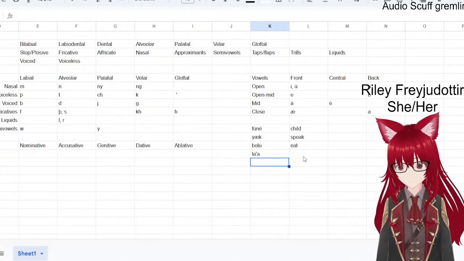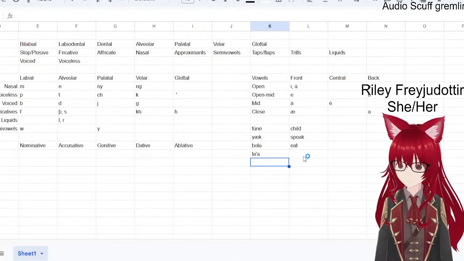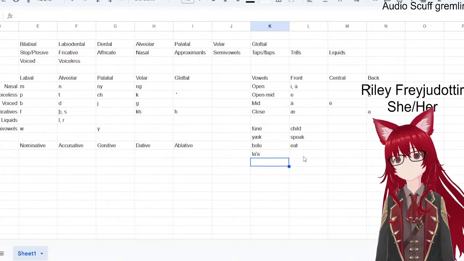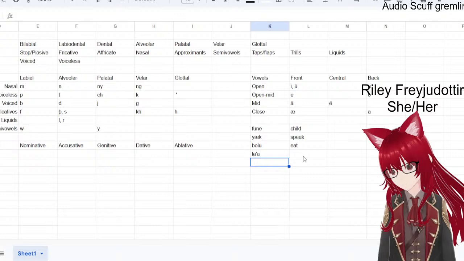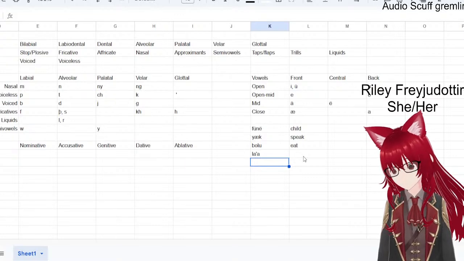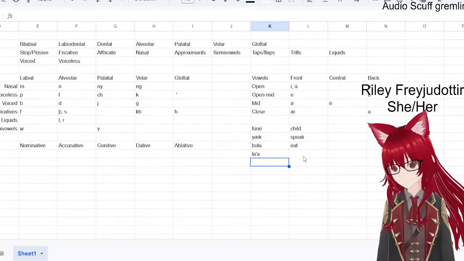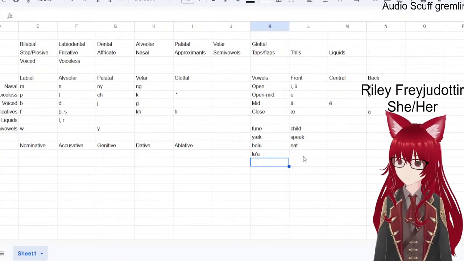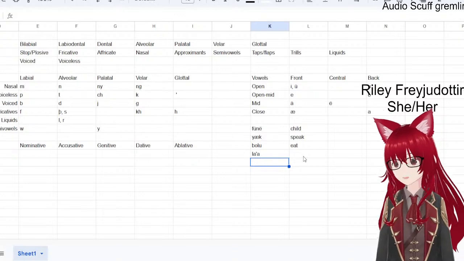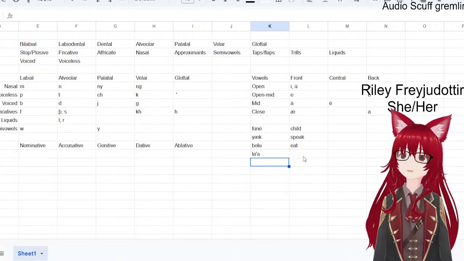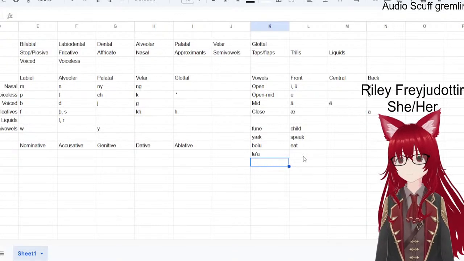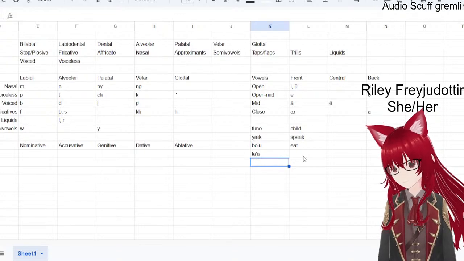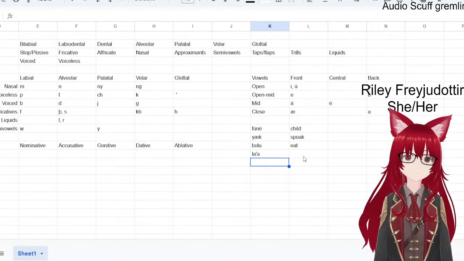Let's see. We need to come up with a word-ish. We want it to be a word that evokes water sounds without sounding too much like it.